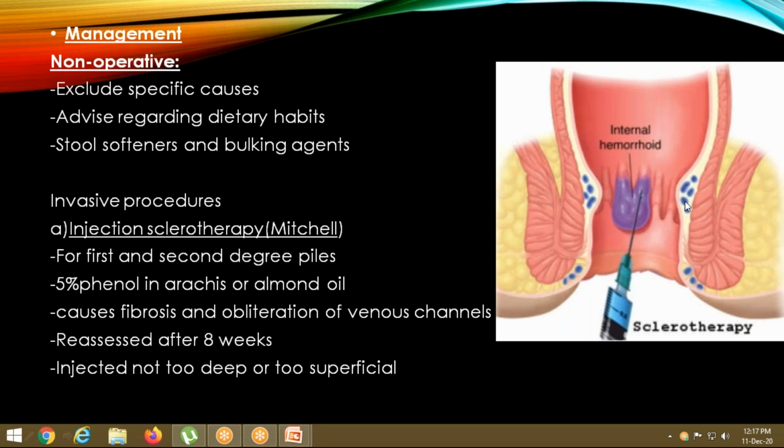Sometimes in females it causes rectovaginal fistula, and in males it may cause impotence. So these are the complications if you give it too deeply: prostatitis, pelvic sepsis, impotence, and rectovaginal fistula.